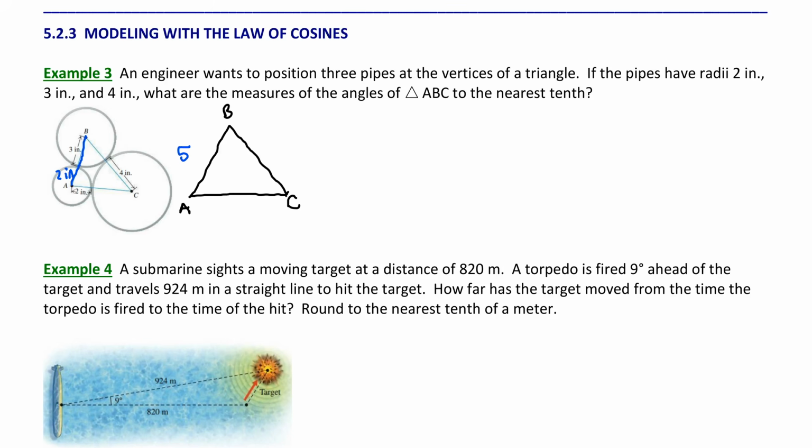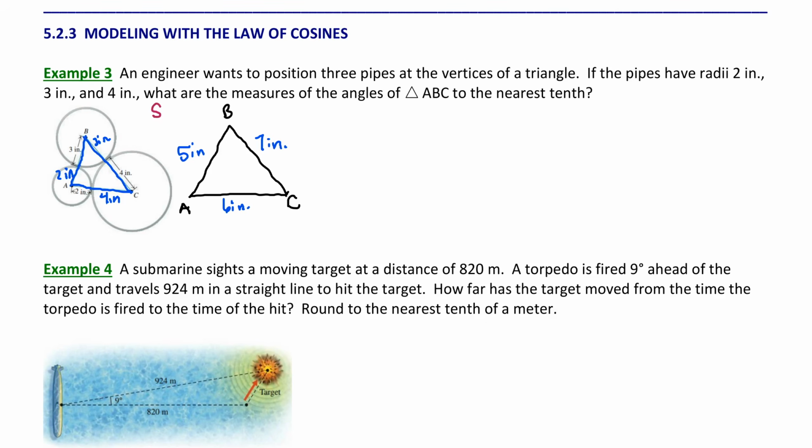That's going to give us a side of 5 inches. Similarly, this radius is 2 inches plus this radius, which is 4 inches, gives us a side of 6 inches. And finally, 4 inches here plus a 3-inch radius is going to give us a 7-inch side. So you can see we're dealing with a side, side, side triangle.